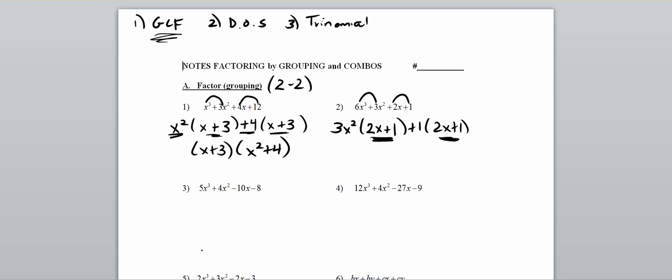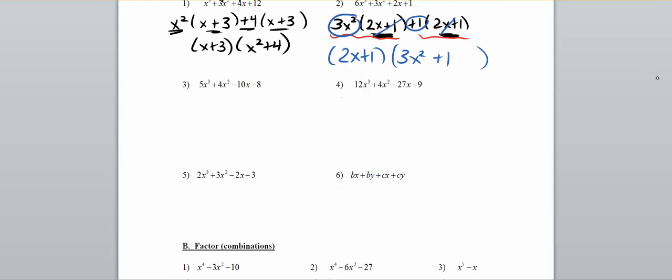So what I'm technically doing is I've got one term here and another term here, and I'm looking to pull out 2x plus 1 as the greatest common factor. Meaning if I pull out 2x plus 1 from this term, I would be left with 3x squared. And if I look at my second term, if I pulled that out and divided that out, I'd be left with plus 1. So that's how the numbers out front are one of your binomials, and whatever's doubled is your other binomial, because truly you're pulling out a greatest common factor.